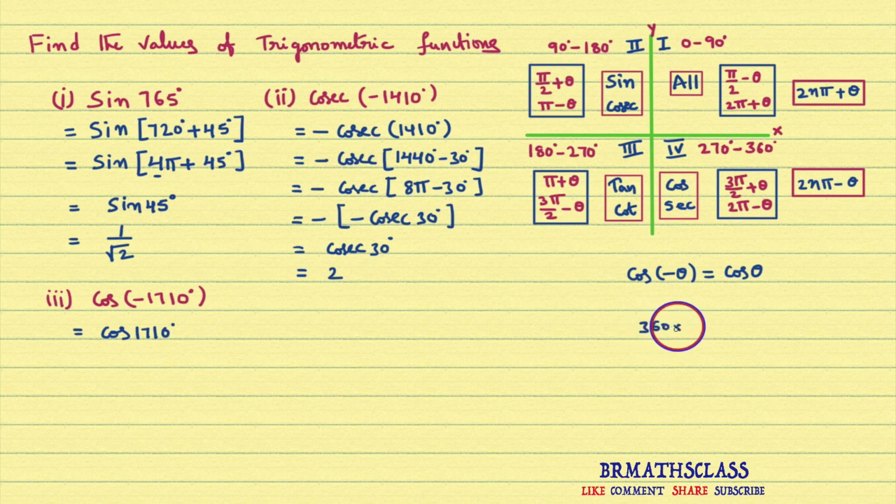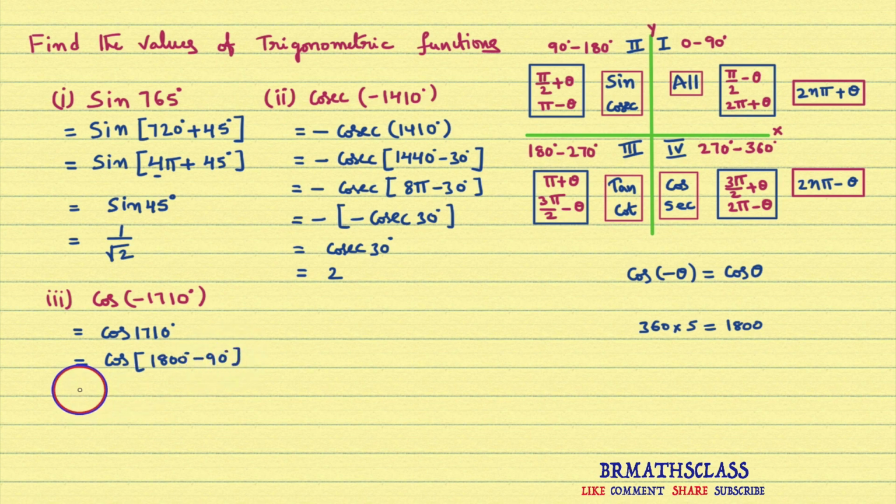Like that you need to verify it. So it's not a difficult task. 360 into 5 is 1800. Okay, here 1800 is the number which is nearer to this 1710 degrees. So what I will do here, I will write cos of 1710 degrees can be written as 1800 degrees minus 90 degrees.